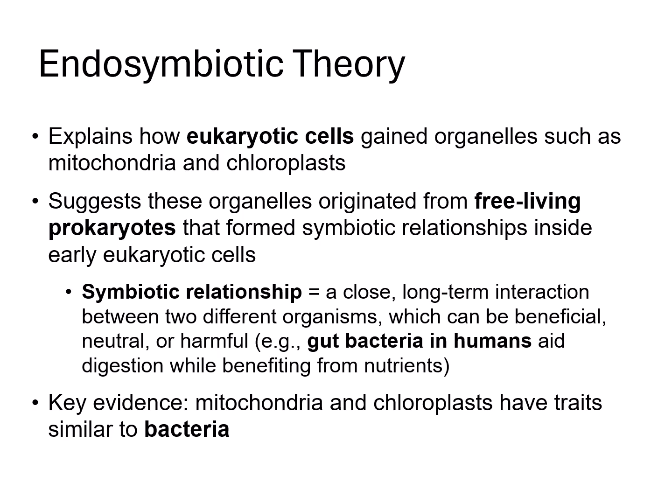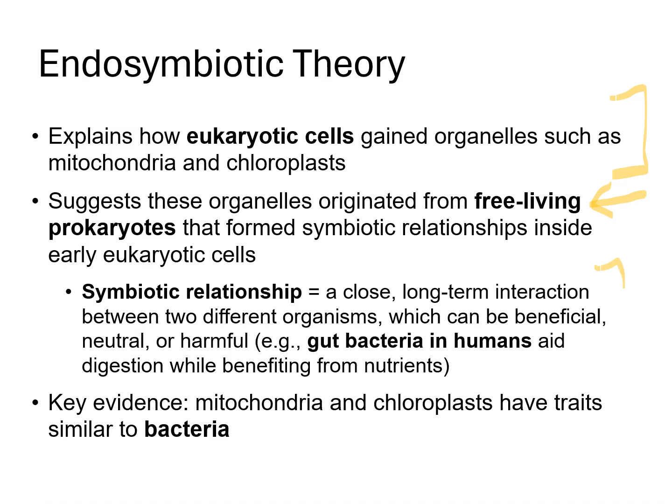Endosymbiotic theory explains how mitochondria and chloroplasts originated, and it proposes that these organelles began as free-living prokaryotes that entered symbiotic relationships with early eukaryotic cells.